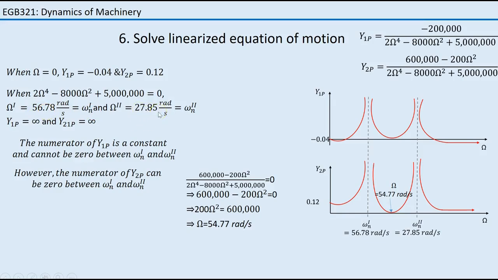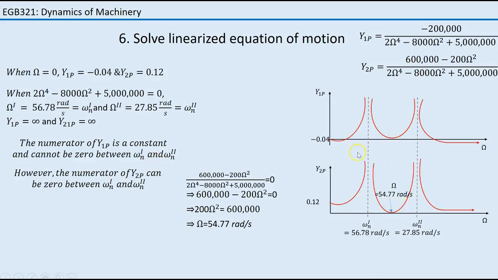So we get two natural frequencies which are equal to the force frequency, or in a different way, the force frequency is equal to the natural frequencies of the two degrees of freedom. Once we reach these values, the amplitude of the particular solution becomes very high. So here are these two values where we get infinite amplitude.